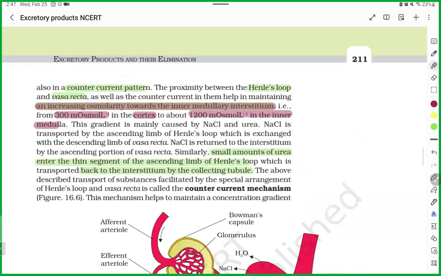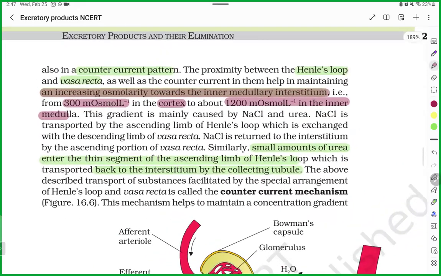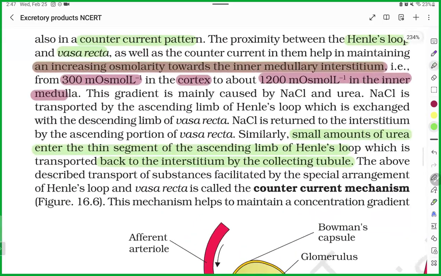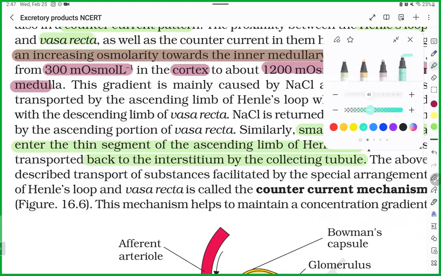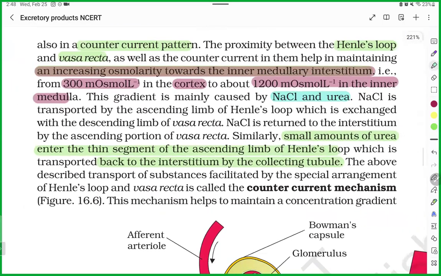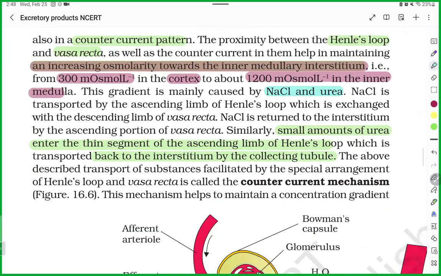Okay, come to this. What is responsible for this countercurrent mechanism? Two main things. One, NaCl. Second, urea. NaCl is coming out of the ascending limb of the loop of Henle and entering the descending limb of the vasa recta.